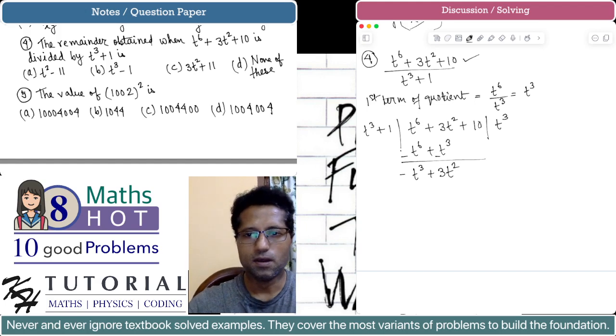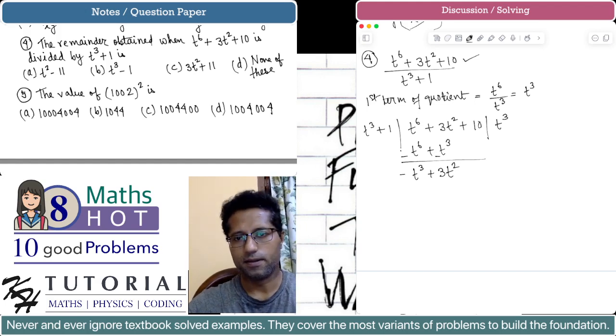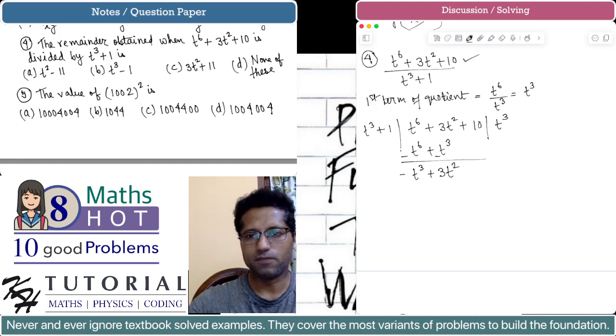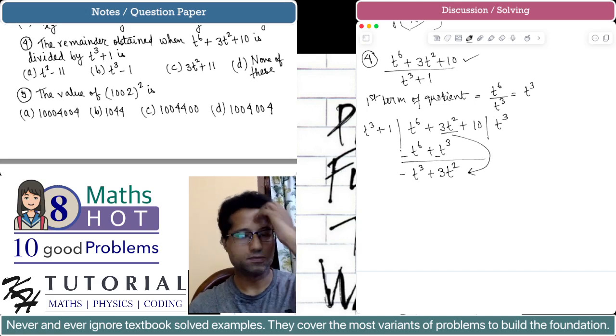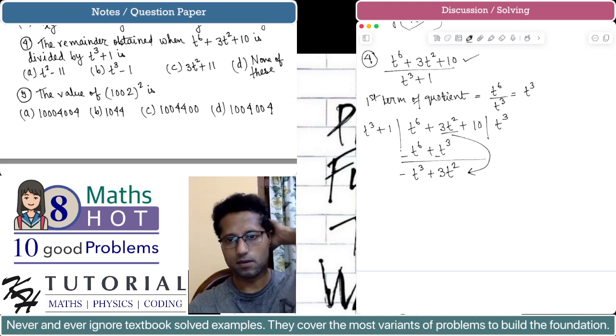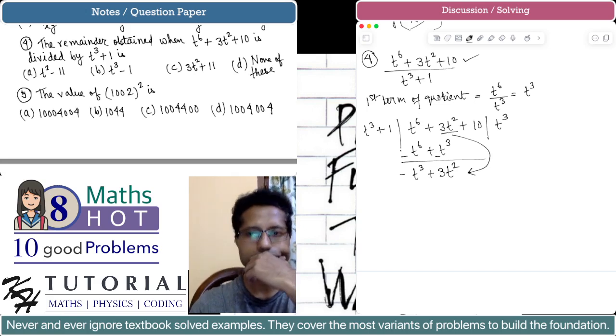Minus t cube was the remainder, and we bring down the next term from the dividend and add it to the remainder. So it becomes minus t cube plus 3t square. Now this becomes the next dividend.